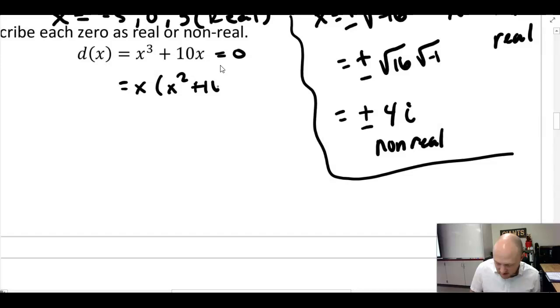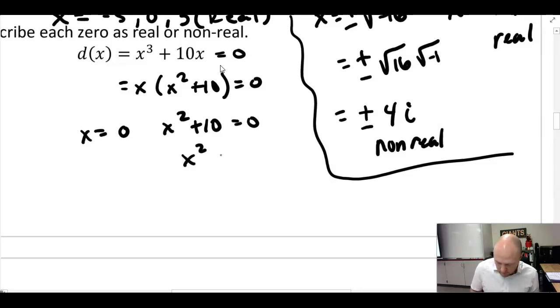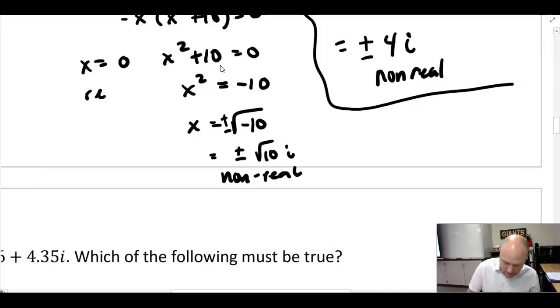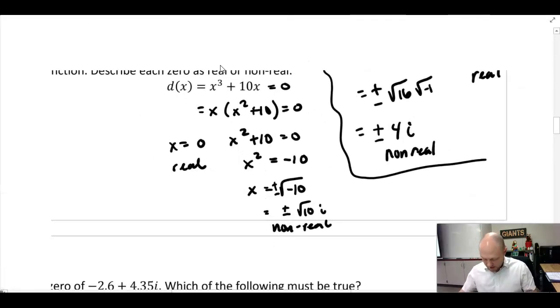We'll take out a GCF, set each factor equal to 0, and then we'll move the 10 over to get x squared equals negative 10, which means x is equal to plus or minus the square root of negative 10. And we get plus or minus the square root of 10 i. This is non-real. And your 0 over here is real. Not too bad.